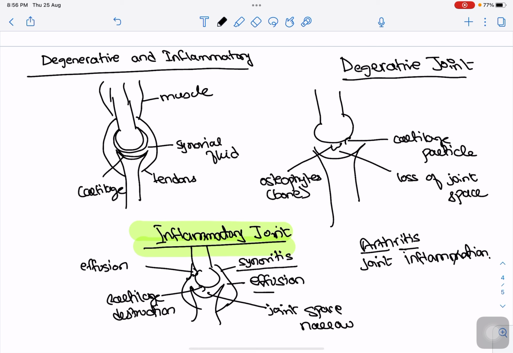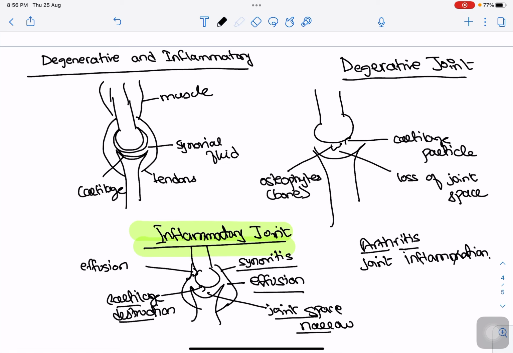There is effusion, joint space narrowing, and cartilage destruction. As you have already studied, inflammation presents with rubor, that is redness, pain and swelling, and erythema. These are all the things that are associated with an inflammatory joint.